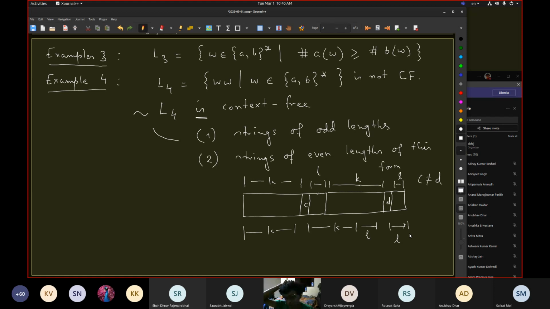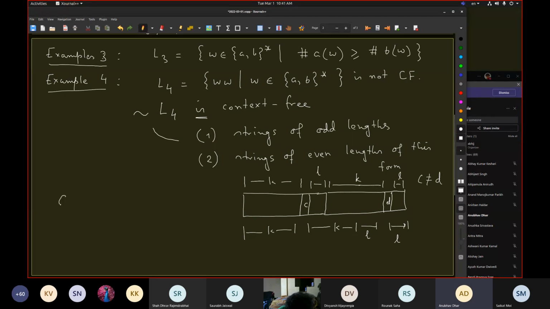What do you think? We will make a state for each bit. Yes, yes, we will make a state for each bit, like each input. No, that is fine. So the design will be something like this.